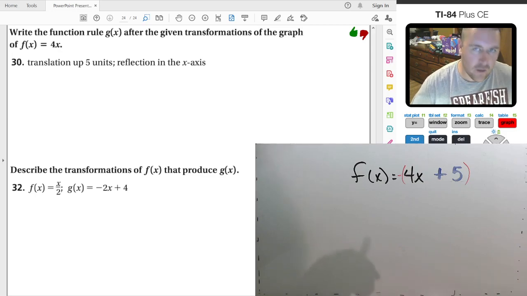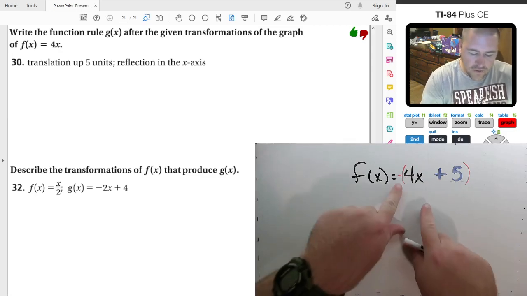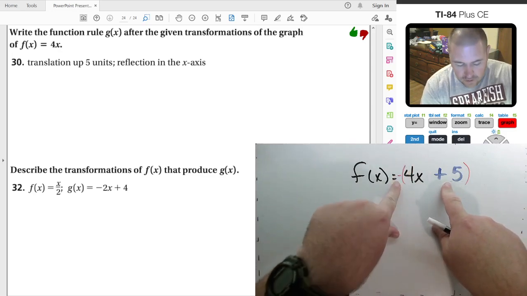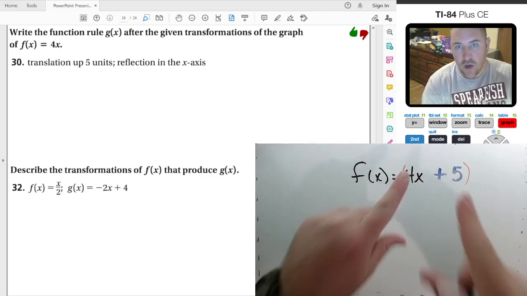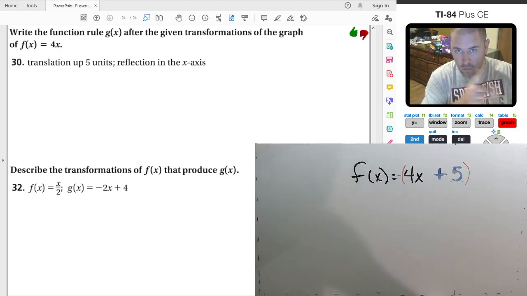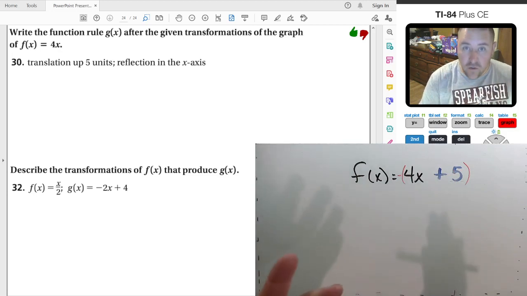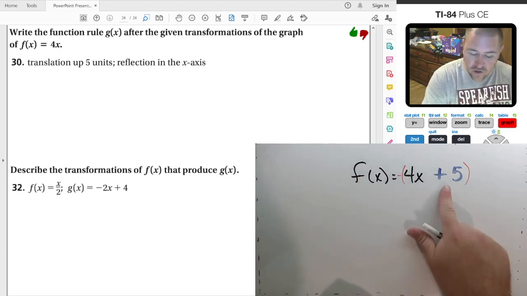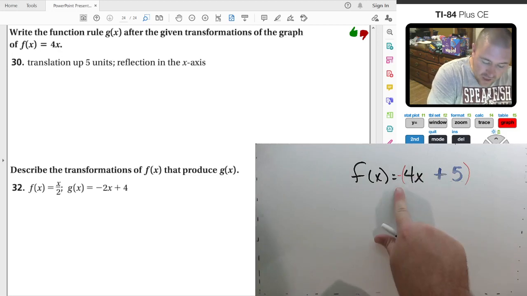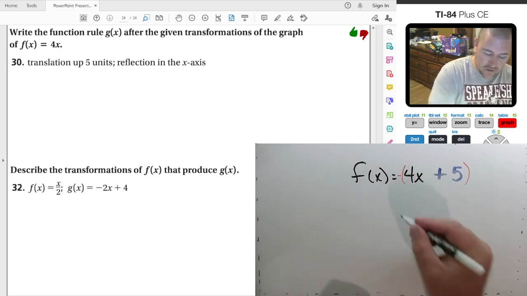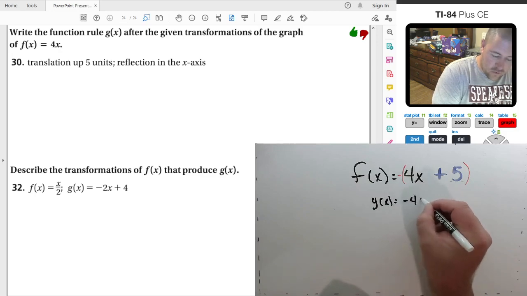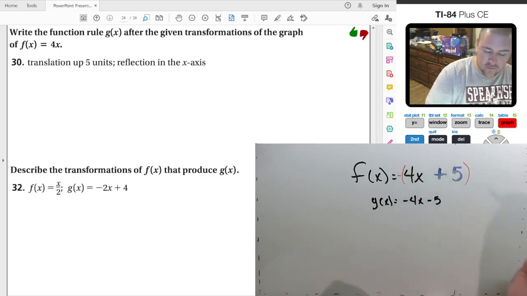Which one is it? Okay. This goes back to geometry. You notice that this is multiplication and this is addition. Multiplication and addition are not commutative, order doesn't matter, with each other. So the order you say them in matters. If I translate up 5 units and then I reflect in the x-axis, then g of x is negative 4x minus 5.